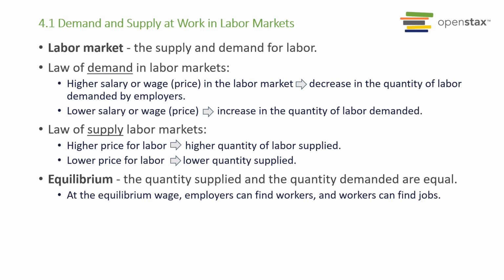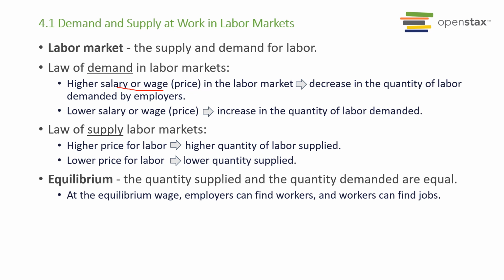If the wage increases, people want to work more hours, and vice versa, if the wage goes down, people want to work fewer hours. It's the same as the law of demand and the law of supply, but we're replacing prices with wages. As the wage increases, companies want to hire fewer people, and as the wage decreases, companies want to hire more people.